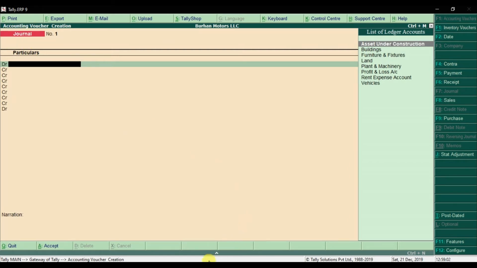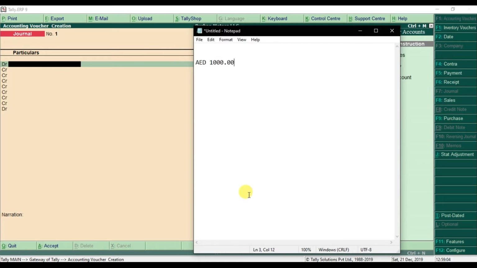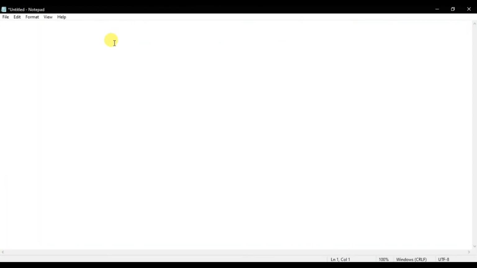Here, I'll give you a short example of what you need to enter in F7. Let's suppose your company needs to pay the salary, but they are paying the salary every 5th of the next month.